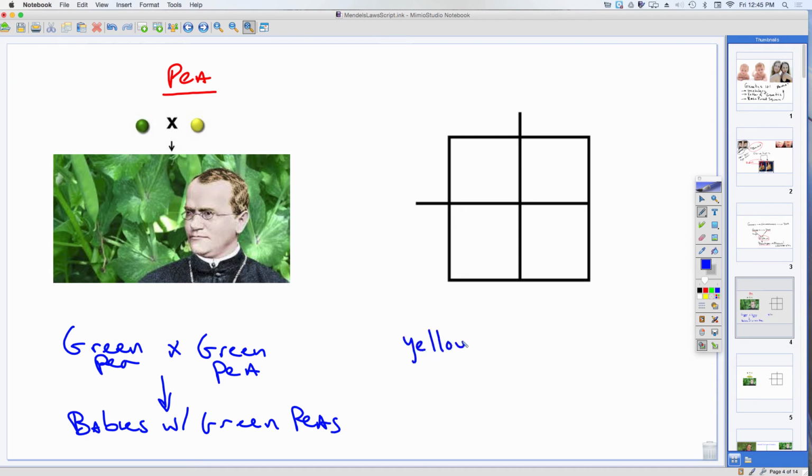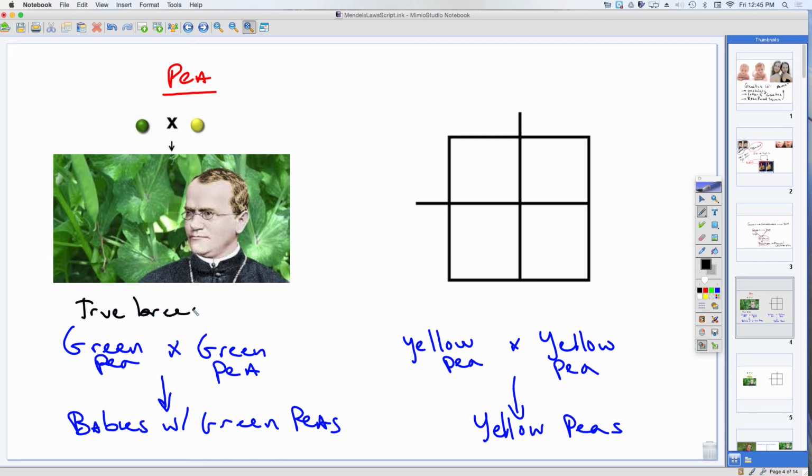Similarly, when he took yellow pea-producing plants and crossed them with yellow pea-producing plants, all of the babies produced yellow peas. And he said that these plants were true breeding.